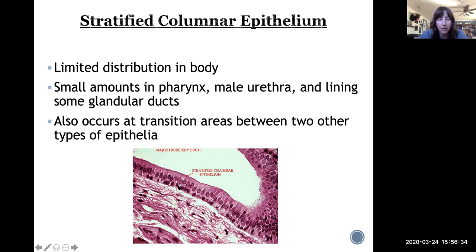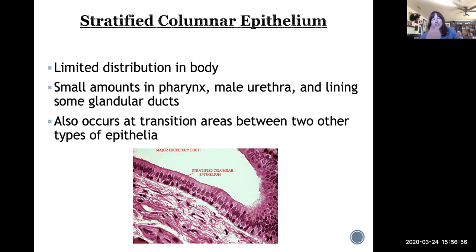So we again have columnar epithelium. They are long and skinny. The ones on the apical surface are, of course, touching the apical surface, and the ones touching the basal surface are only touching the basal surface. They are also in your pharynx, so isn't that lovely?